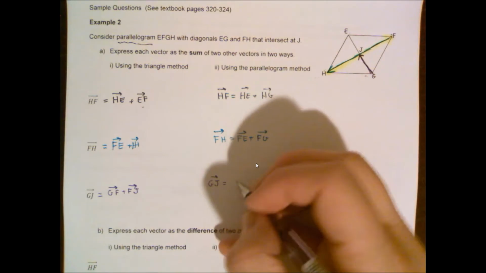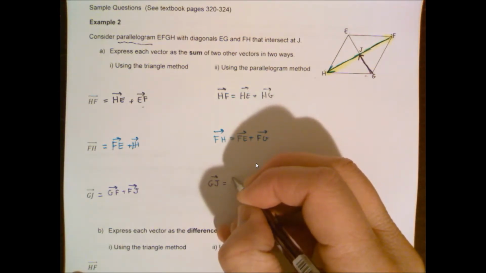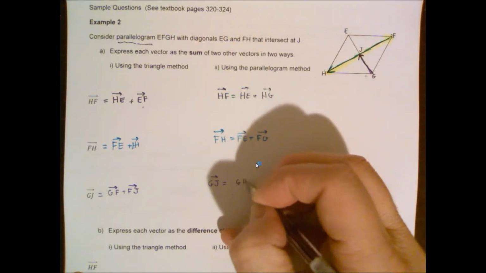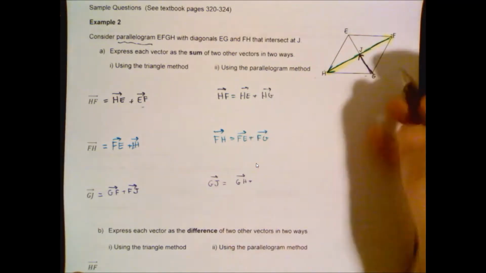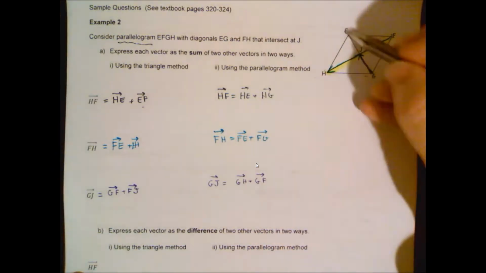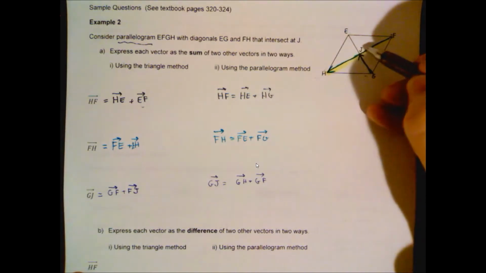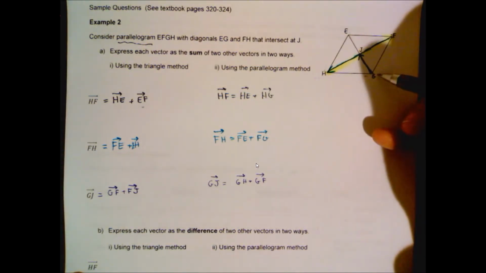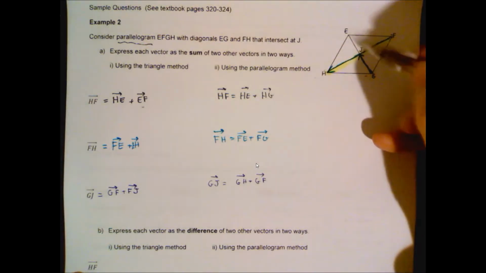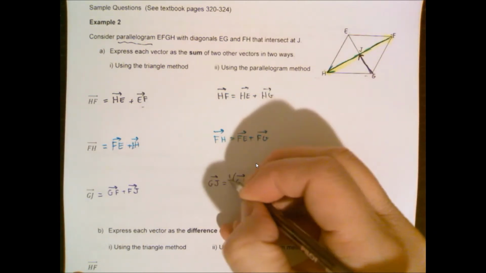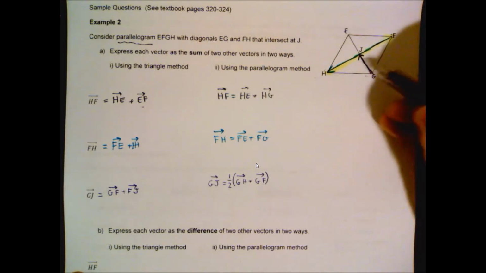We're going to get this more in the next lesson, lesson 3. However, I could still do GH plus GF. However, that's going to get me double. Because it's a parallelogram, they intersect here, which means that this magnitude is the same as this magnitude. So the magnitude of GJ is the same as the magnitude of JE. What I can do, and this is getting into scalars, is multiply this whole thing by half, because I only want half that magnitude.